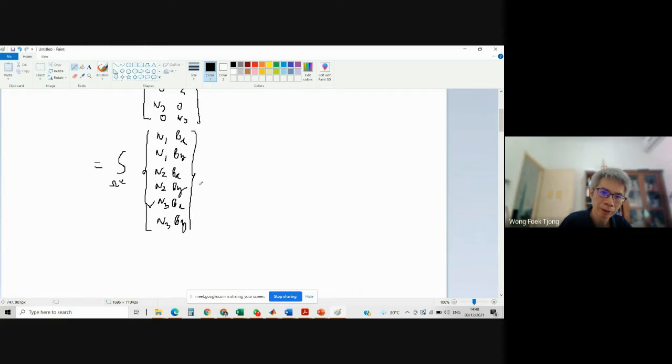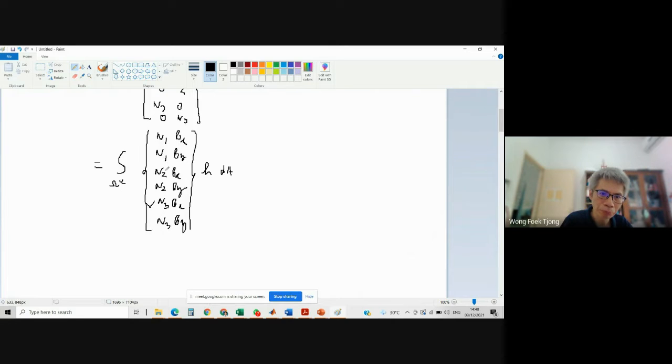Okay, we integrate over the thickness times dA. But these constants we can just take out of the integrals here. So the problem is how to integrate this.